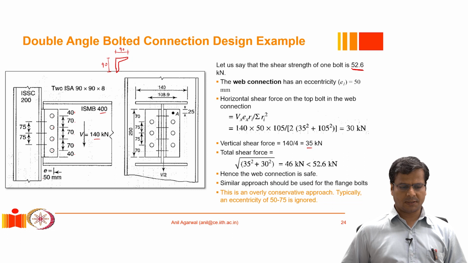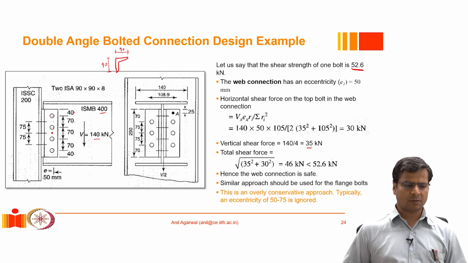Now we know that the eccentricity between this plane and this location, where the force transfer is happening through the angle, is 50 millimeters. So with this eccentricity of 50 millimeters, we can calculate how much moment or how much additional force will be acting on each bolt.